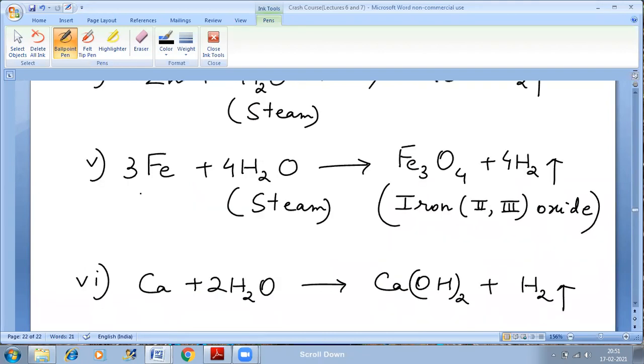This is often asked: when iron reacts with steam, what happens? So you get Fe3O4, and Fe3O4 is called iron 2,3 oxide.